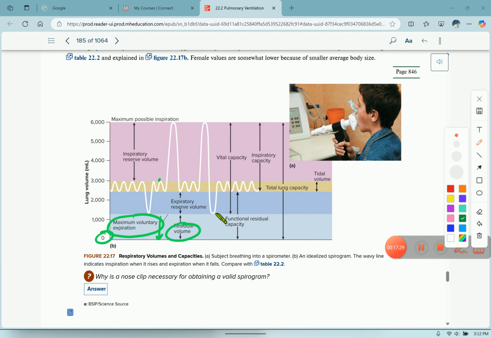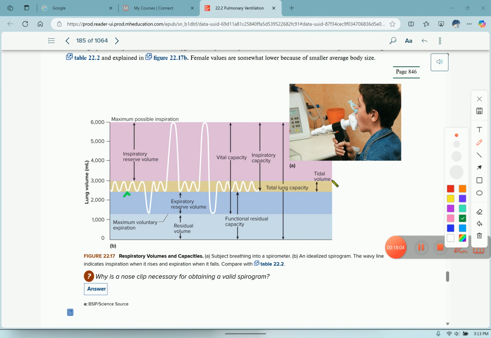Nobody can do that, so that's why I mentioned theoretical. When you exhale as far as you can, you're going to go from your tidal volume down to the expiratory reserve volume, and that's everyone's normal. If you could keep going and tap into the residual volume, then you would collapse all of your alveoli and the bronchial tubes.